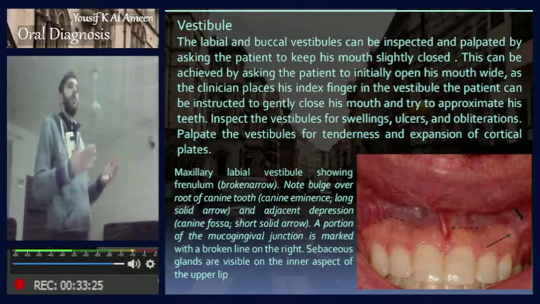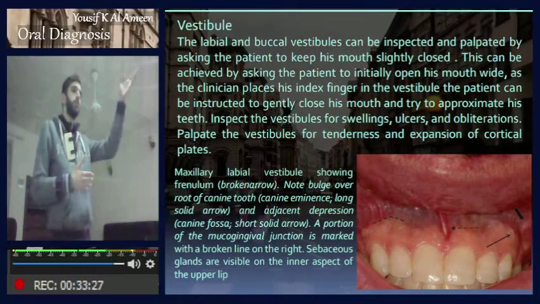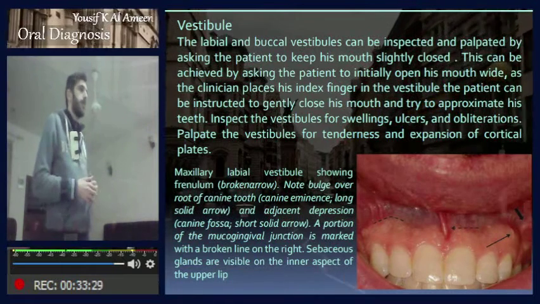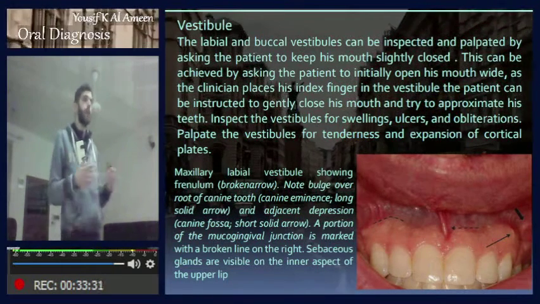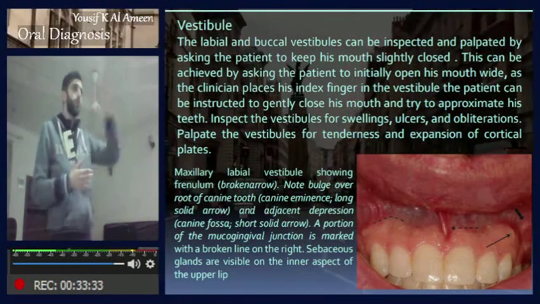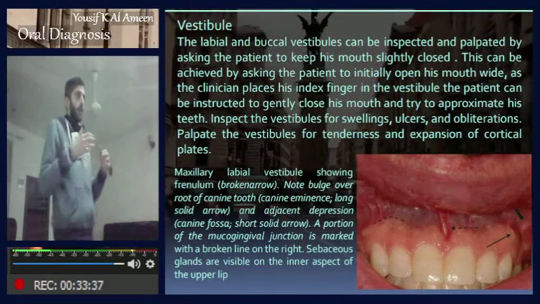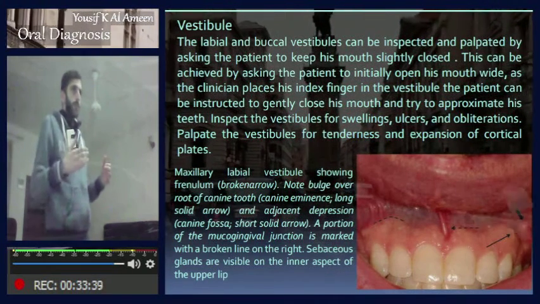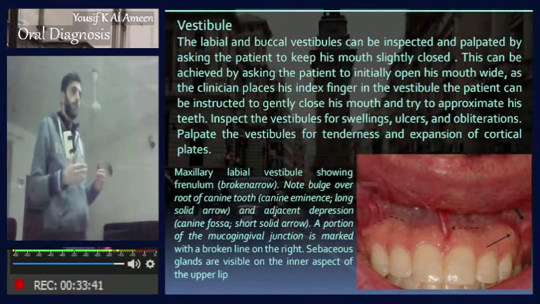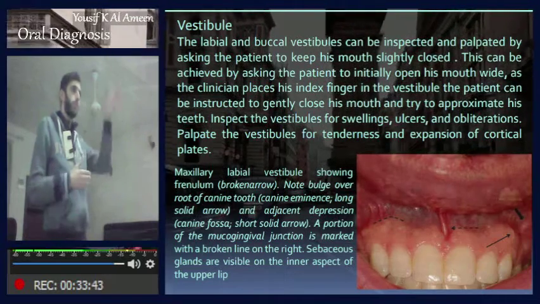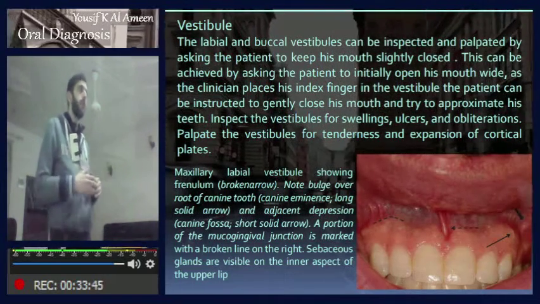Vestibule. The labial and buccal vestibules can be inspected and palpated by asking the patient to keep his mouth slightly closed. This can be achieved by asking the patient to initially open his mouth wide.